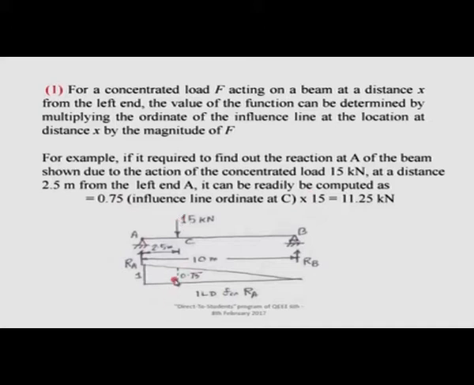So I just have to track the influence line ordinate there, at that location, and I can easily find the effect of that loading as 11.25 kilonewton. It appears that it should reduce from 15 to this. That means, if the load is here, the reaction can readily be determined from the influence line diagram.